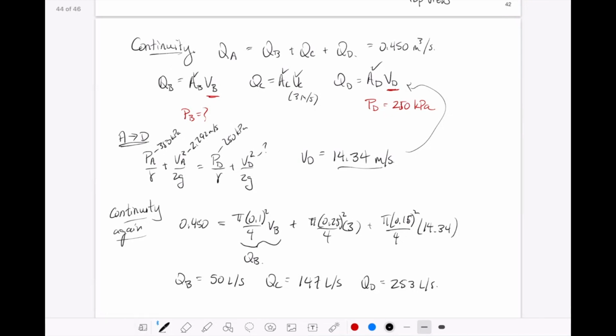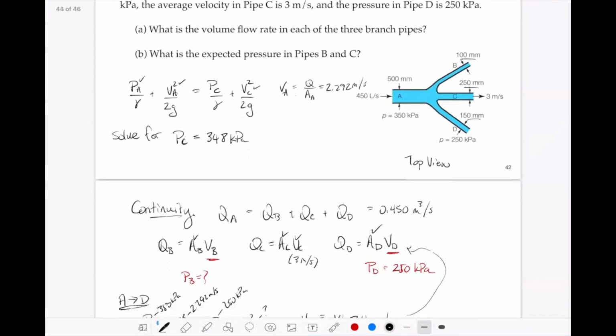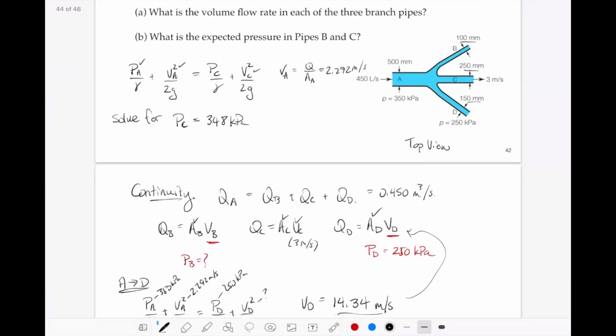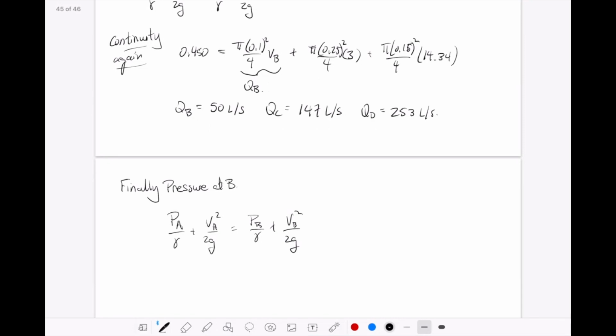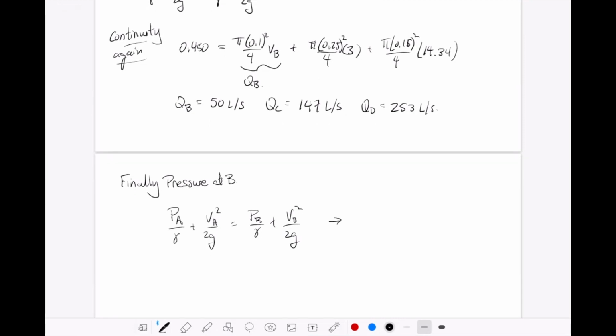We have the pressure at D, and we have the pressure at C. We could use Bernoulli's equation again to find the pressure at B. If we know all these terms, we simply substitute and solve.